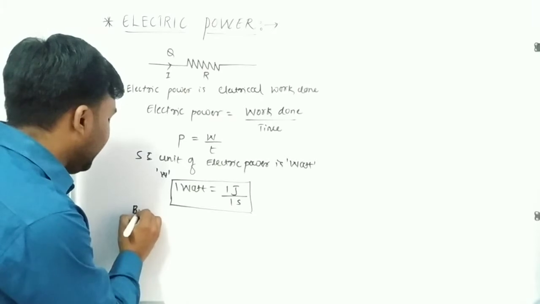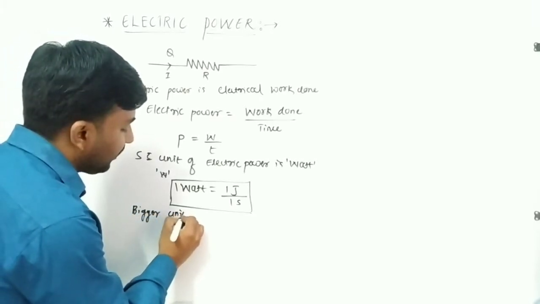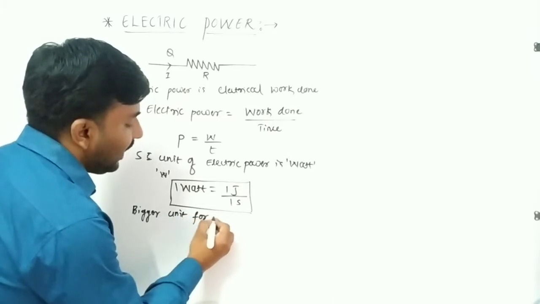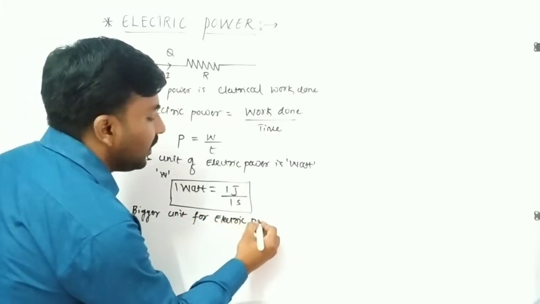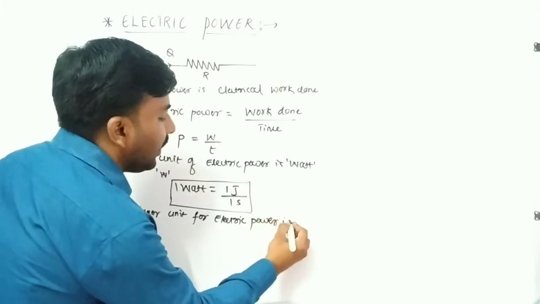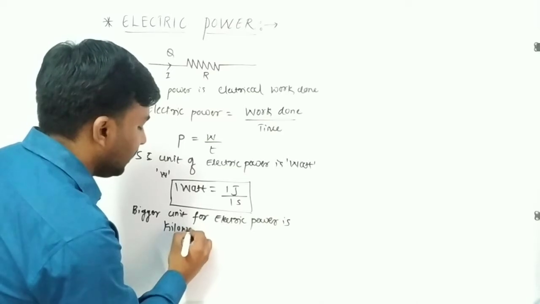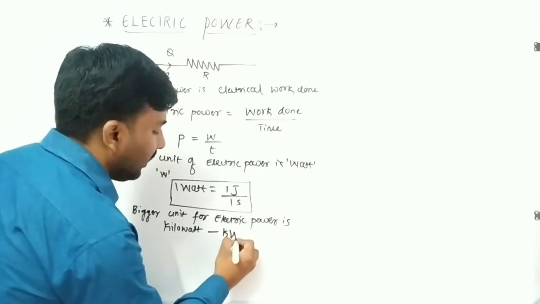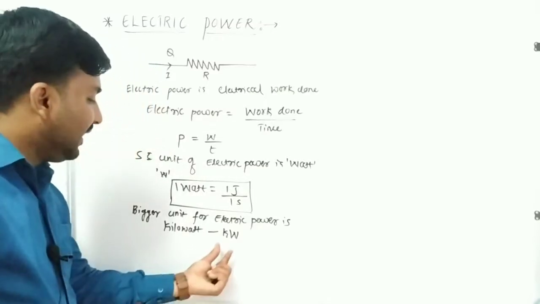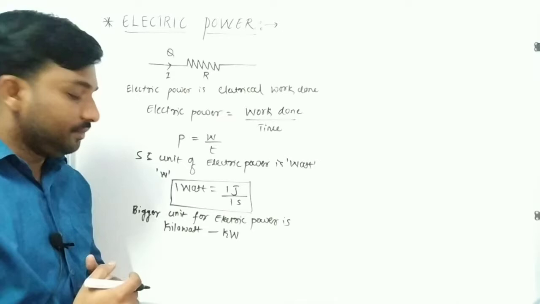The bigger unit for electric power is kilowatt, that is kW, kilowatt. It is the bigger unit for the power.